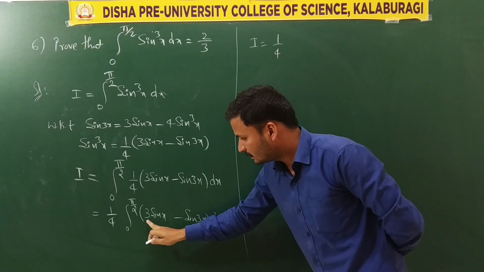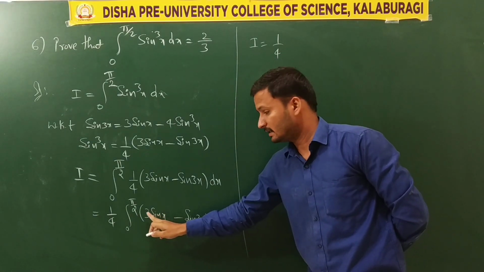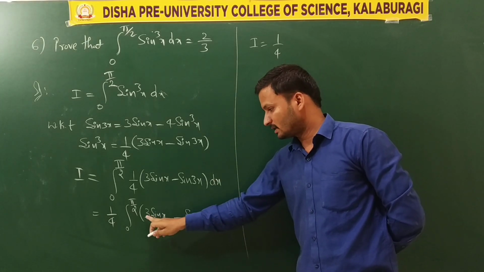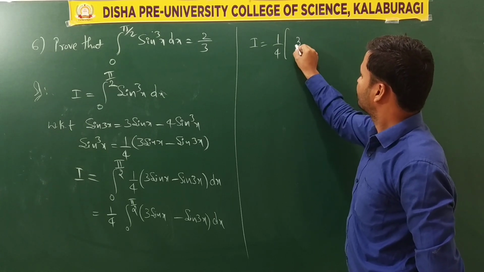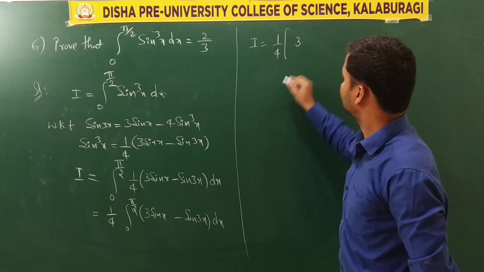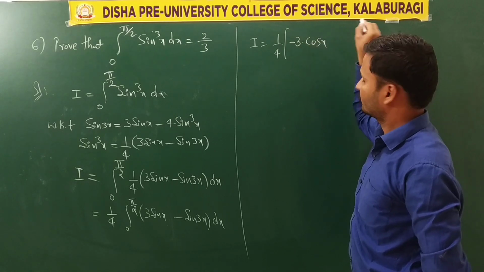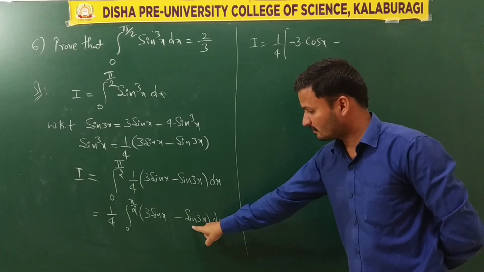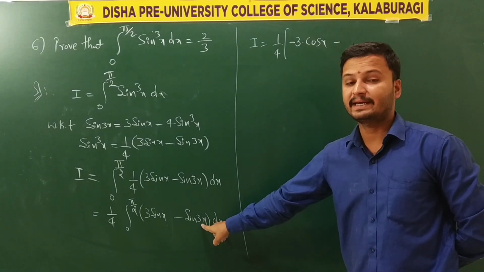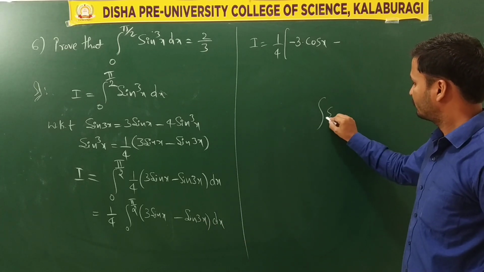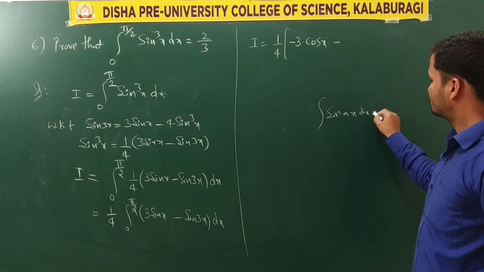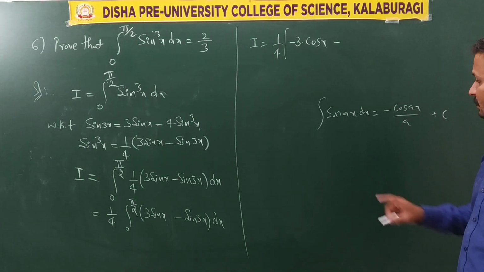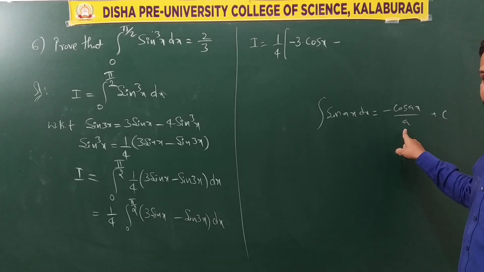Now the integration of 3 into sin x with respect to x, 3 is a constant so carry it forward. Here the integration of sin x is minus cos x. Next, the integration of sin ax is minus cos ax divided by a plus c.